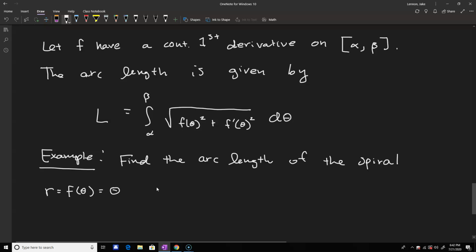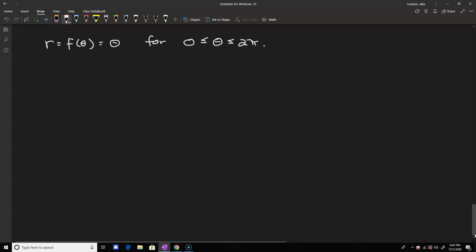Just r equals theta was the spiral of Archimedes. For 0 less than or equal to theta less than or equal to 2 pi. So how long is that curve exactly?